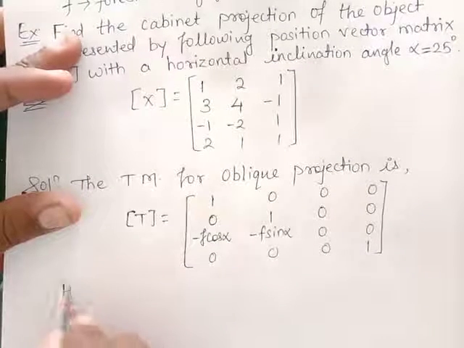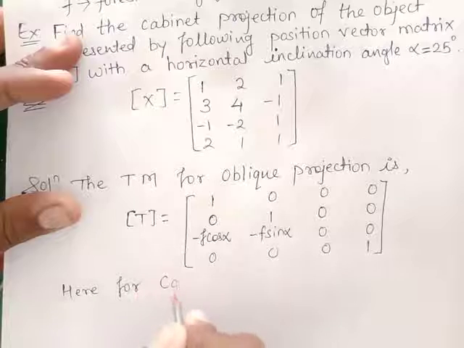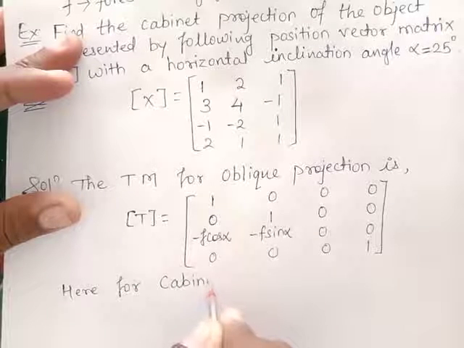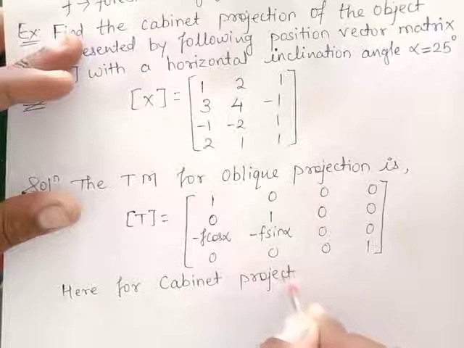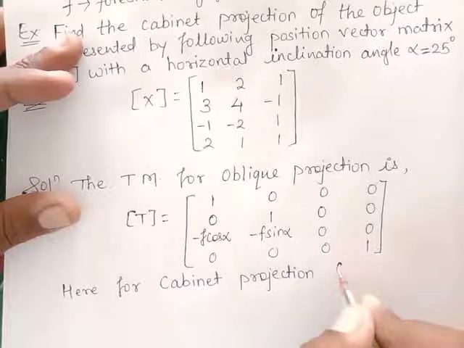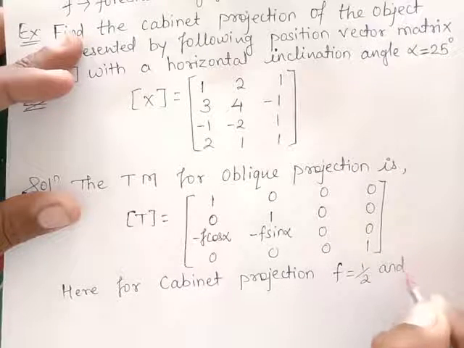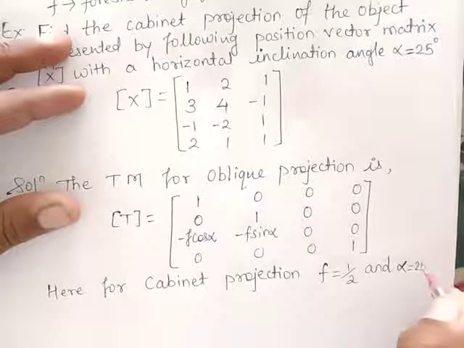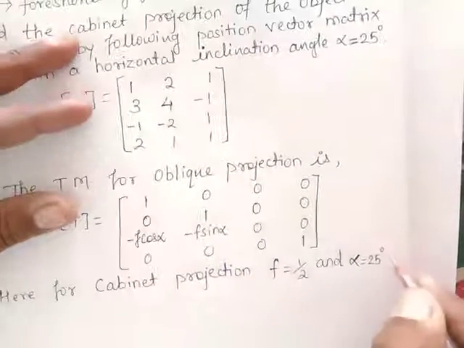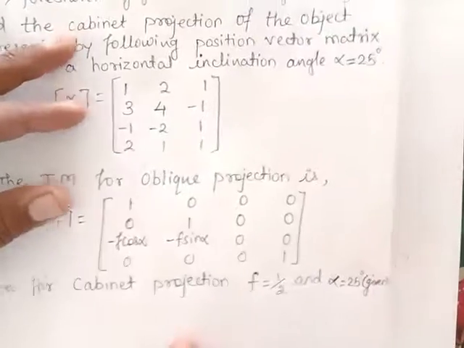Here for cabinet projection, f equal to 1 by 2 and alpha equal to 25 degrees. This is what is given to us.